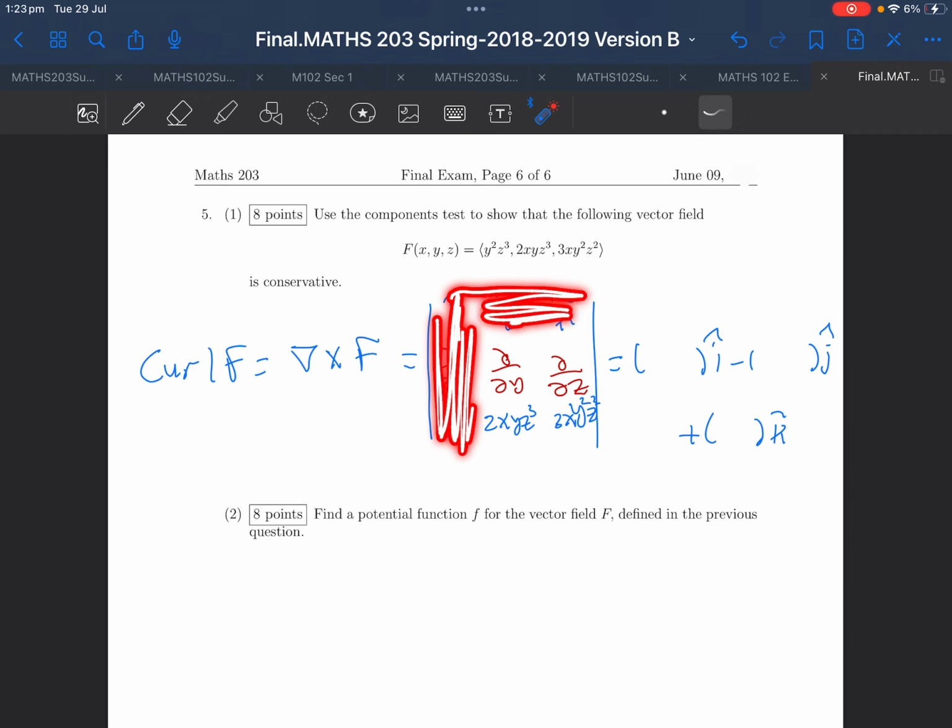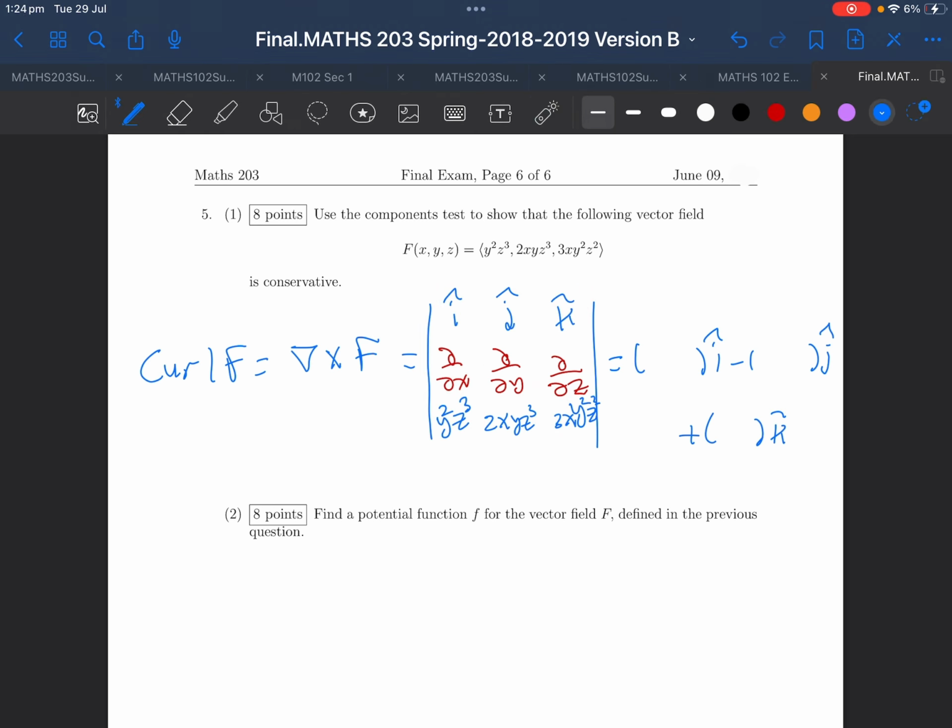Now, if we delete the column of i, row of i, and do the cross, this will give me 4xyz squared. Let me write it down. 4xyz squared minus, if I do this one, again it will give me 4xyz squared, which is the same.